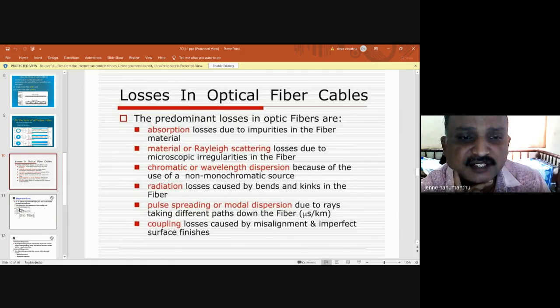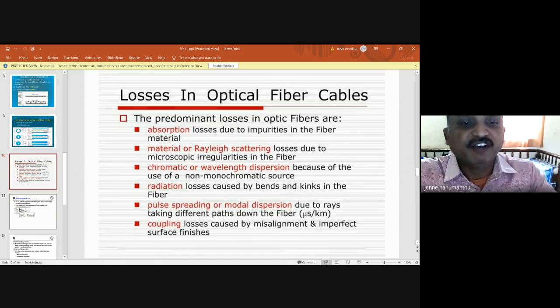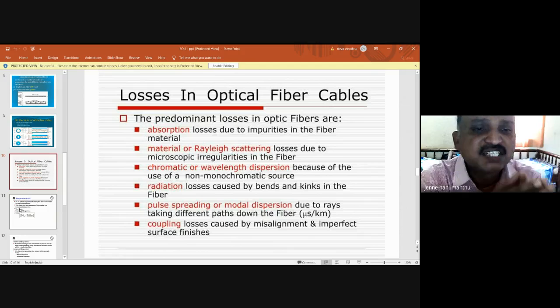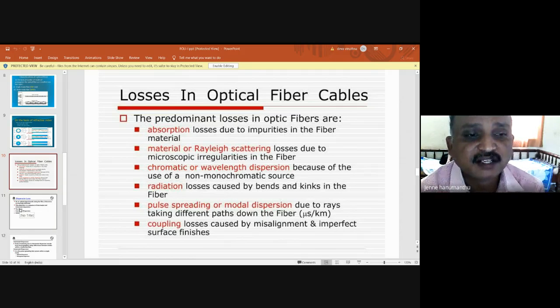Dispersion means pulse spreading. Spreading means changing the width. The pulse width is going to be changed. What is the reason? Chromatic or wavelength dispersion.